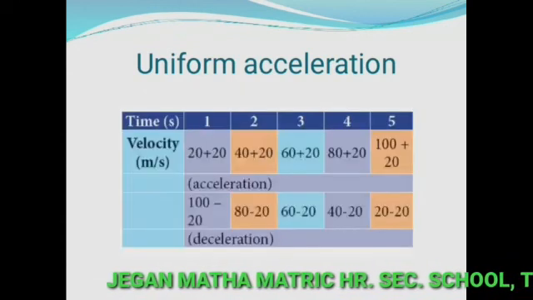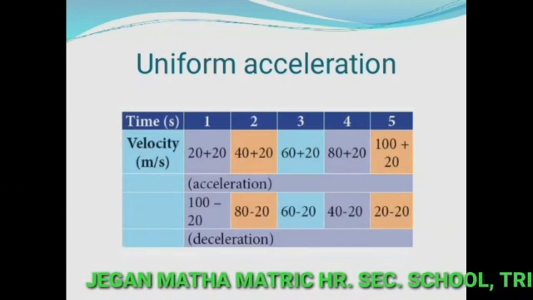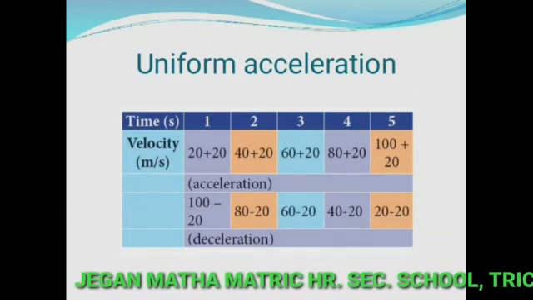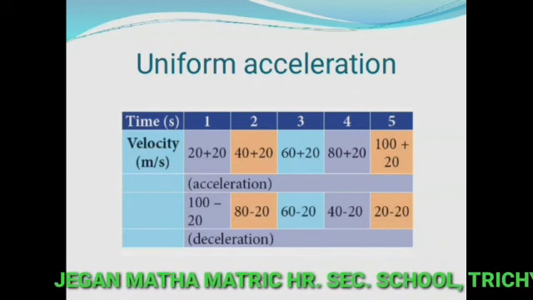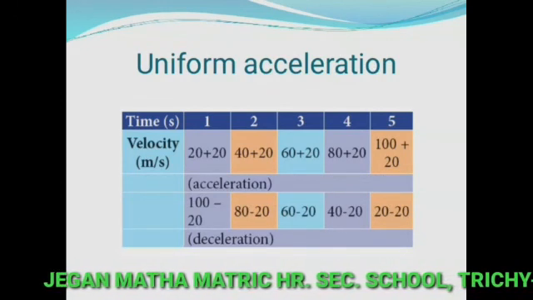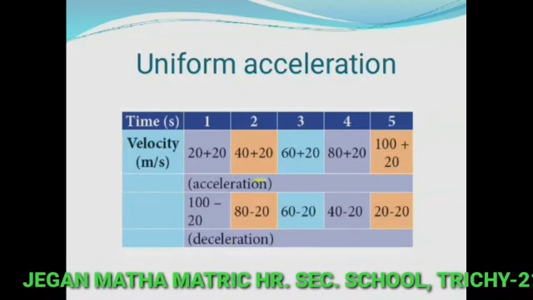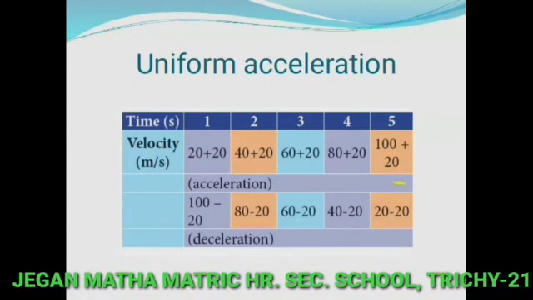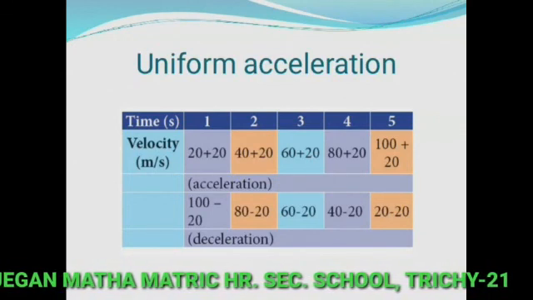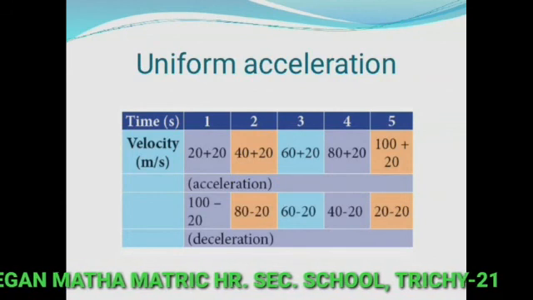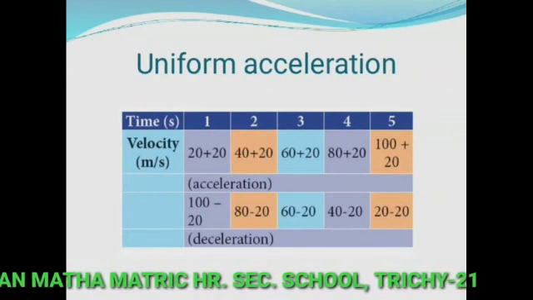For example, this table shows a moving bus with uniform acceleration. So here the velocity of the object is increasing by 20 meter per second. So 20 plus 20, 40 plus 20, 60 plus 20. So the acceleration is 20 meter per second square.